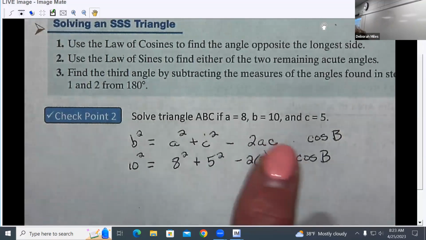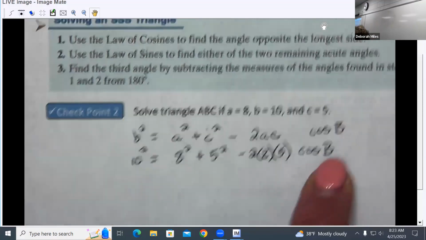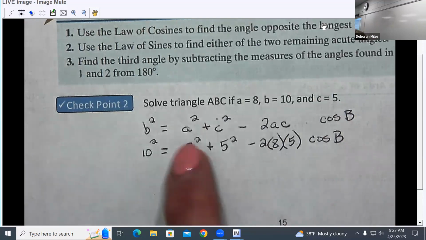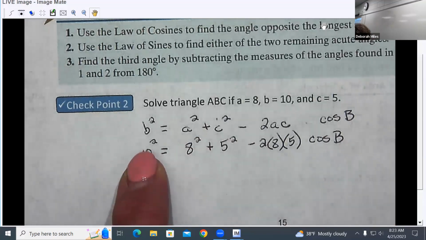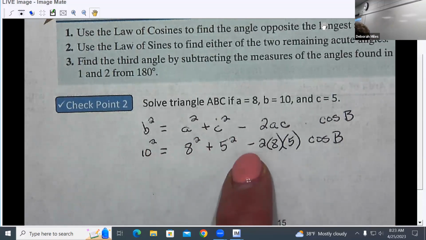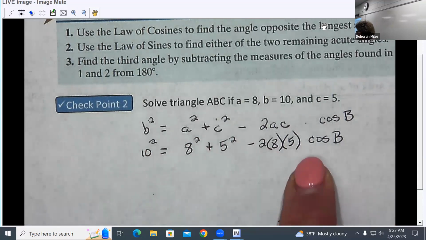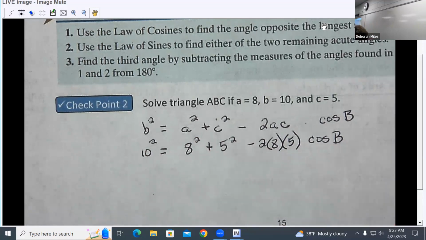Can you see what I would have to do to isolate the cosine beta? Subtract the 64, subtract the 25, and then what? Divide by -80, and then you'd have the cosine B by itself. So I'm going to take a huge leap here and see if you're okay with it.